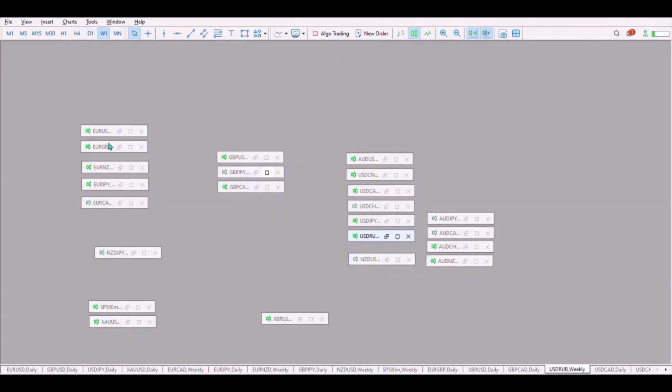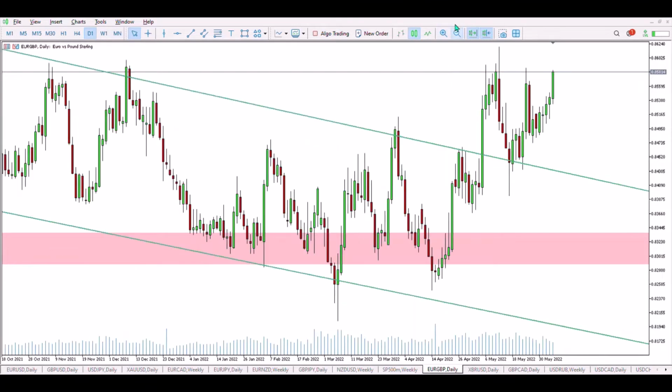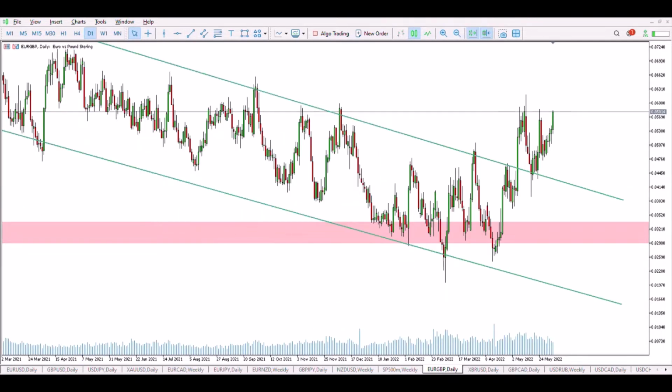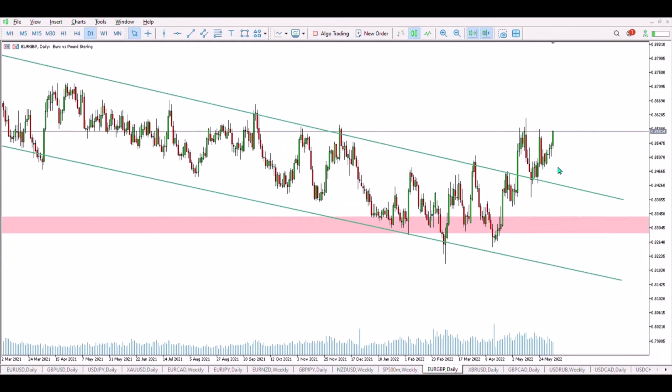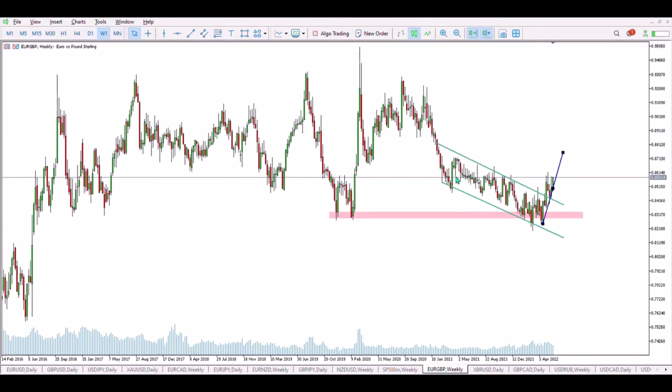I want to show you guys also the Euro Great Britain pound. So this is it, guys, the Euro Great Britain pound, and as you can see we have broken this downtrend and probably the price will continue going upside, and this is what we actually observe.